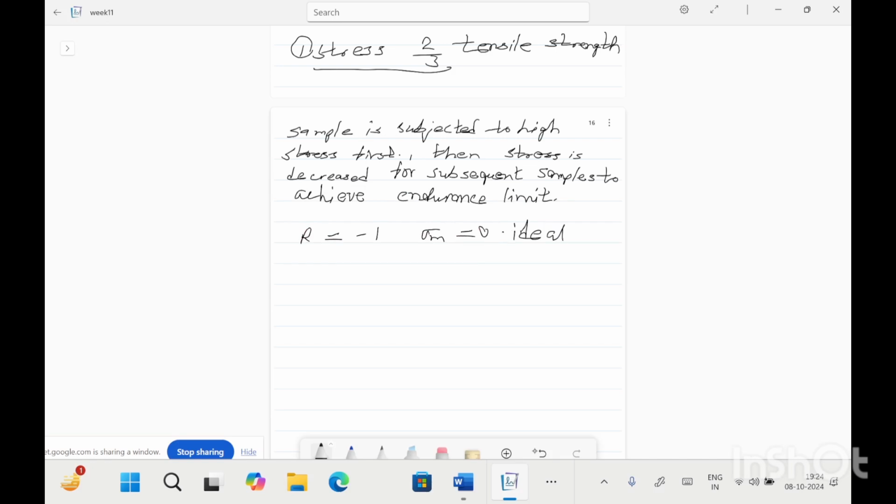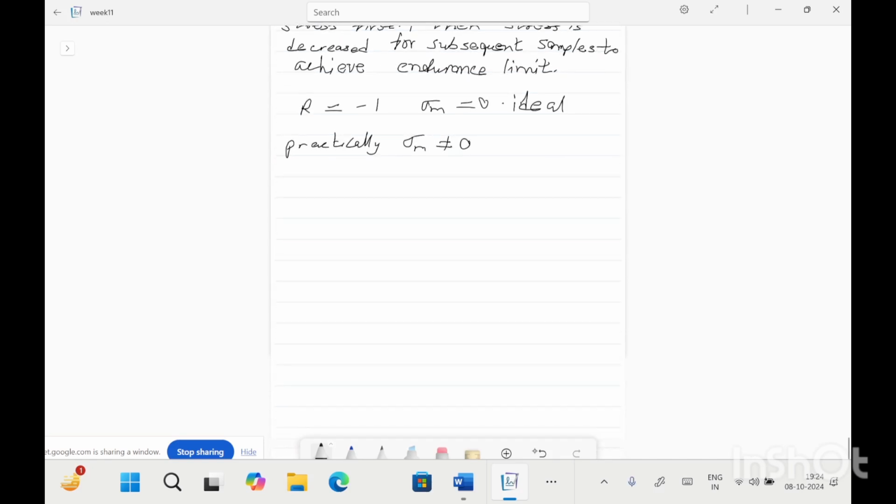But practically, the stress cycle may not be completely reversed, meaning sigma minimum is not 0. So for further analysis, we draw a plot between maximum stress and the log scale of number of cycles, capital N.